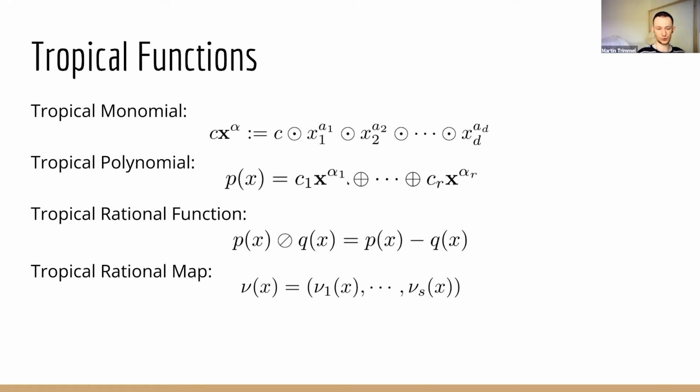A tropical rational function is the tropical quotient of tropical polynomials. And that's the same as the difference of the maxima of affine functions. And finally, a tropical rational map is a multidimensional function where each entry is given by a tropical rational function.